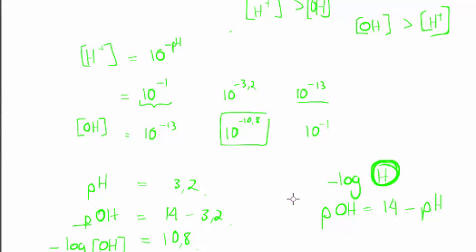So for 5 marks, I think it would be great if you guys just understand that if you know this formula instead, OH is 10 to the power of 14 minus the pH.